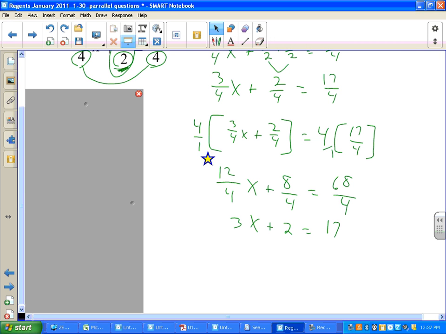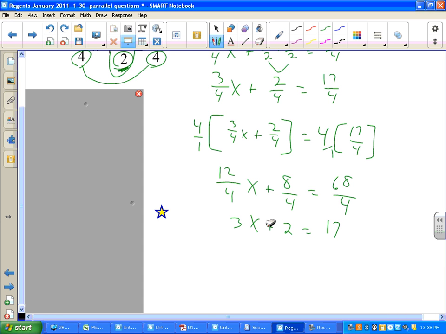Why did I say it's not a trick? I multiplied everything by 4, and what happened? Oh, the numerator. The numerator. And the numerator again. It's a mathematical process. There's nothing up the sleeve. It's not a trick. It works.